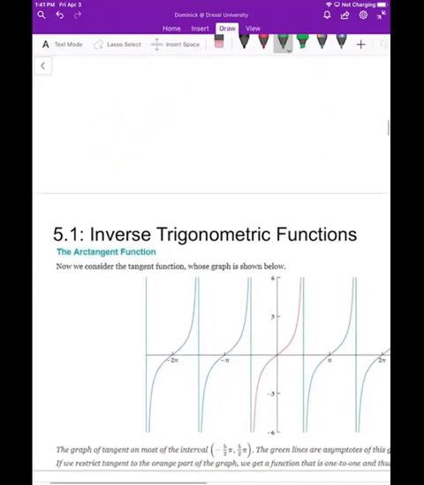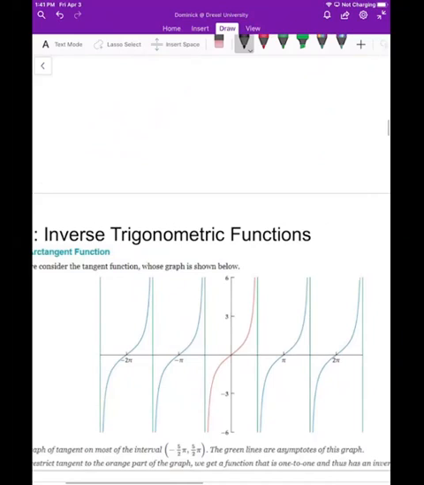Now, just as we did for arcsine and arccosine, we also need to restrict our tangent function so that we have something that's 1 to 1. This is the interval negative pi over 2 to pi over 2, and those green lines are asymptotes.